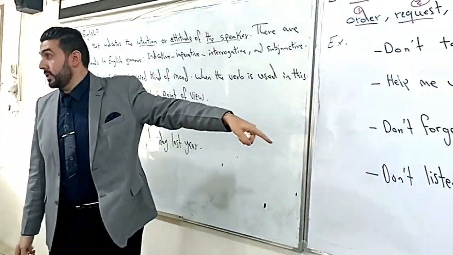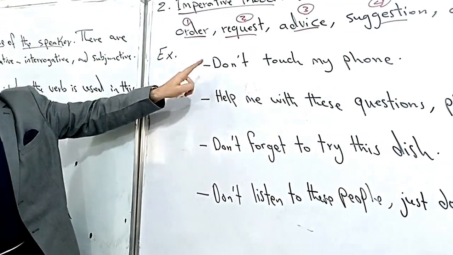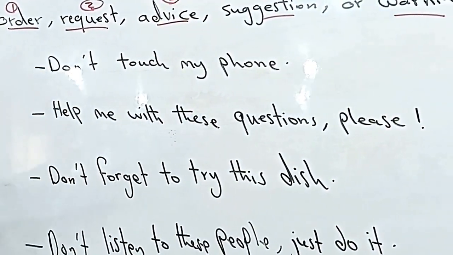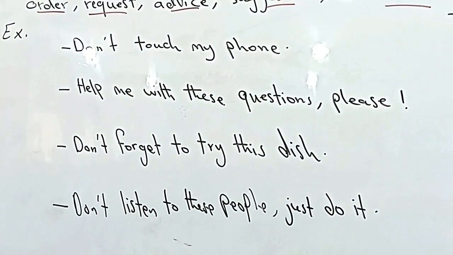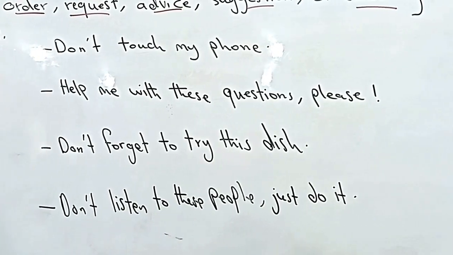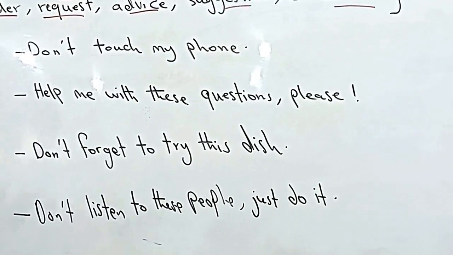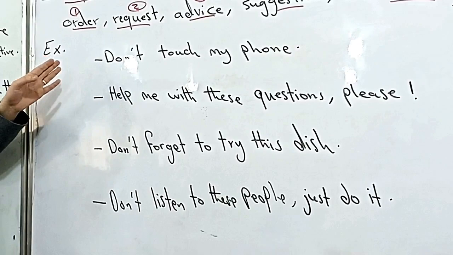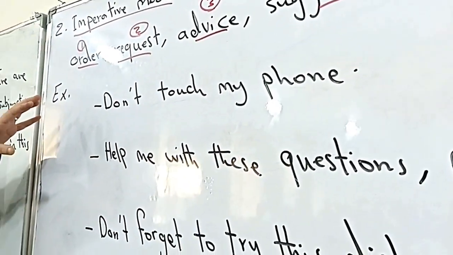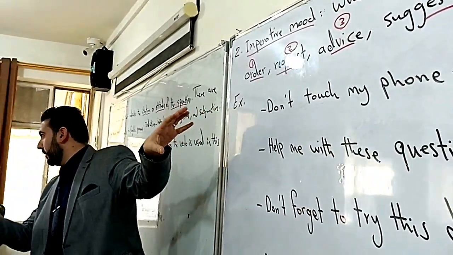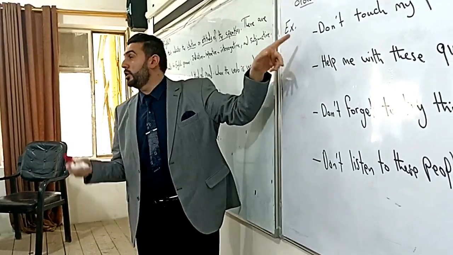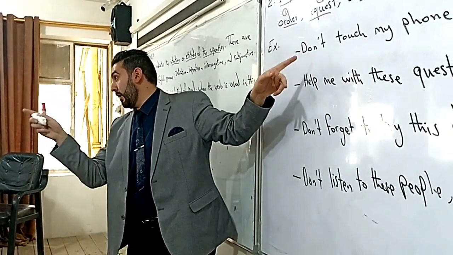So have a look at these examples. Don't touch my phone. When we use the imperative mood, as you see, the second person is implied. In Arabic we call it مستتر, يعني نقول الفاعل أو ضمير مستتر. يعني you don't touch my phone.